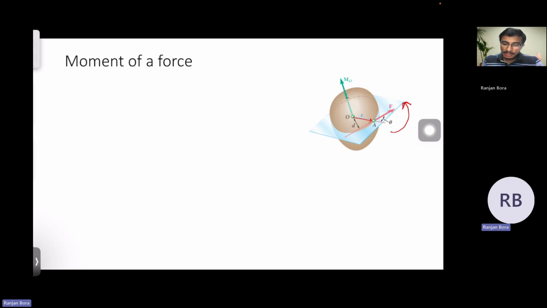And this tendency of rotation is known as moment.